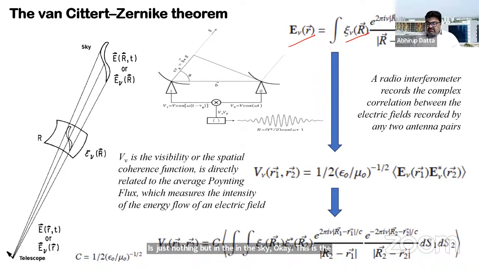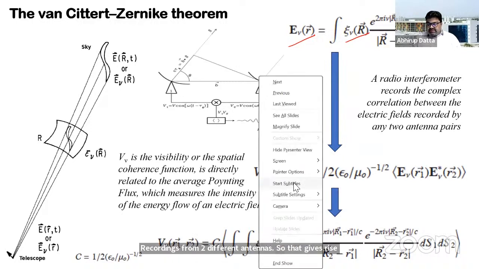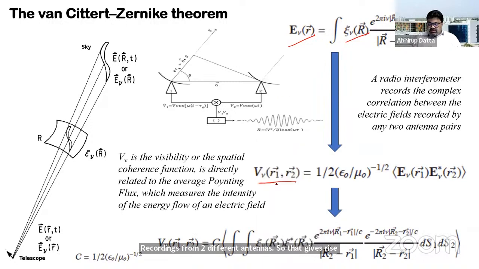Now, if I just go ahead, a radio interferometer measures not a single field, but the product of the two recordings from two different antennas. That gives rise to something called a visibility, which is nothing but a product of two electric fields measured by two antennas, 1 and 2.